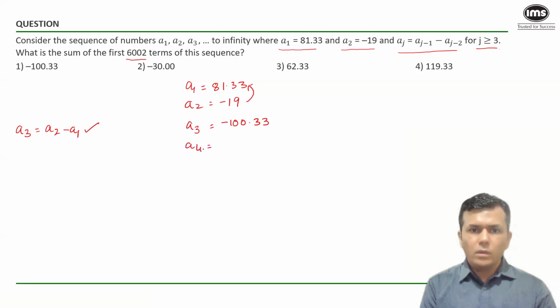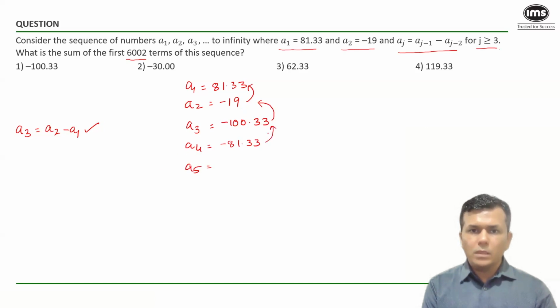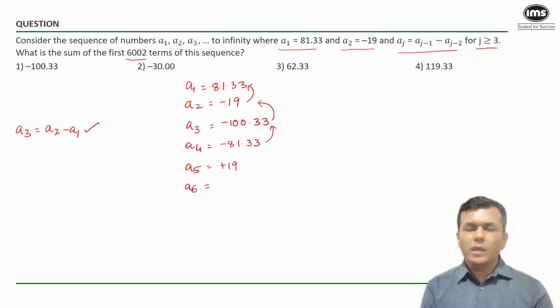Same way, a4 is going to be the difference of two previous terms. So minus 100.33 minus minus 19, which is negative 81.33. Same way, a5 will be the difference of a4 and a3. So minus 81.33 minus minus 100.33, which gives us plus 19. a6 is going to be a5 minus a4, 19 minus minus 81.33.